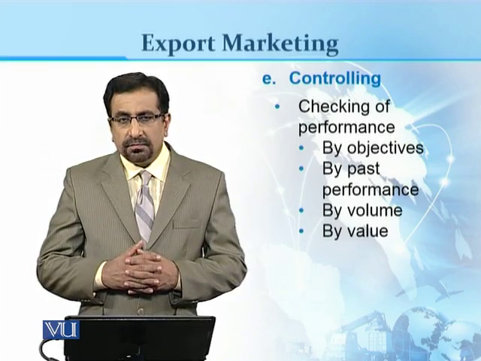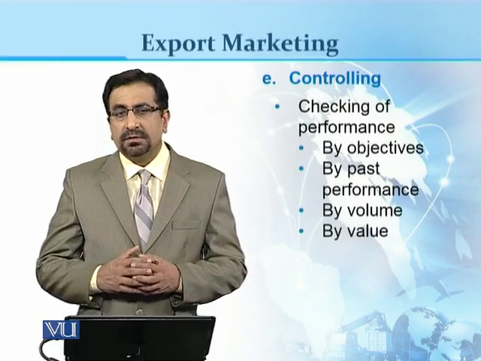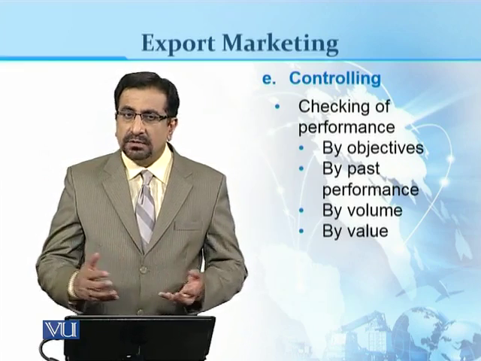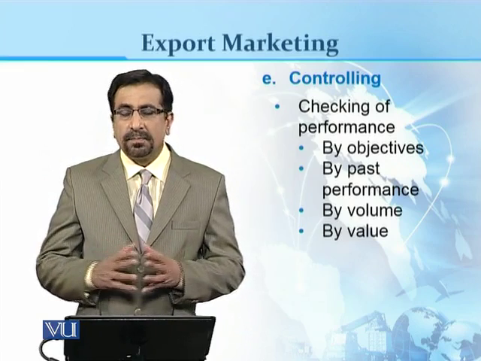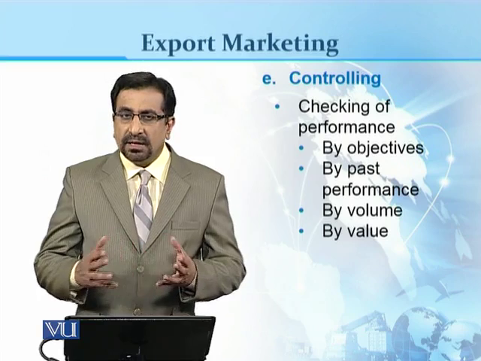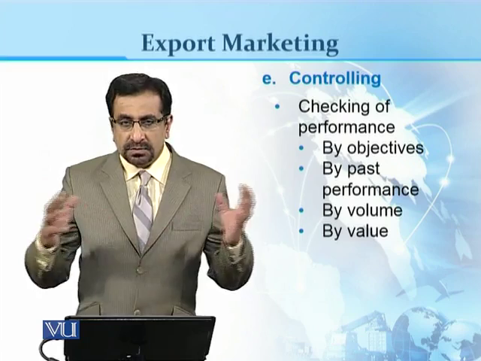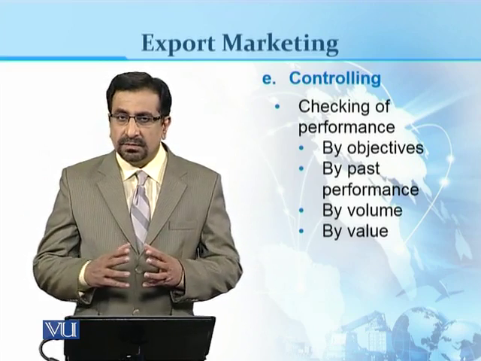So, if a good part of the objectives could not be achieved, then the second part of this evaluation process looks into why that is not achieved. The assumptions on the basis of which the objectives were determined.